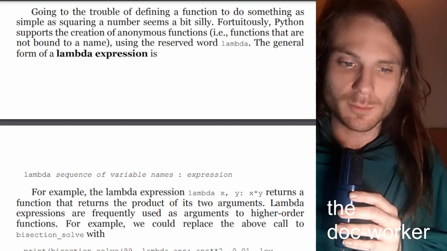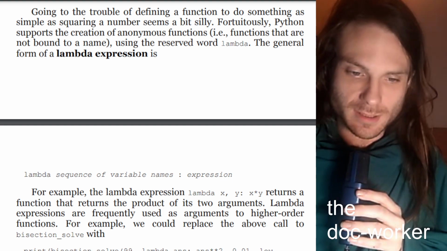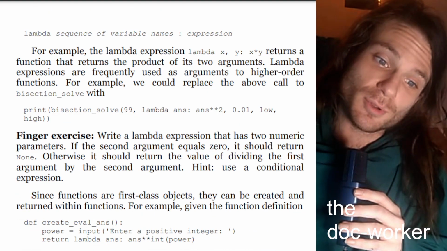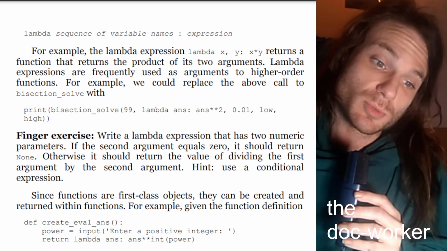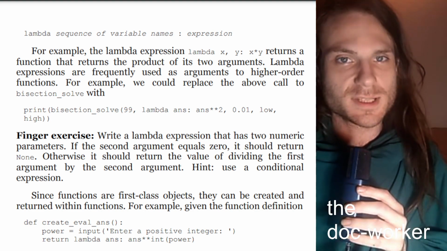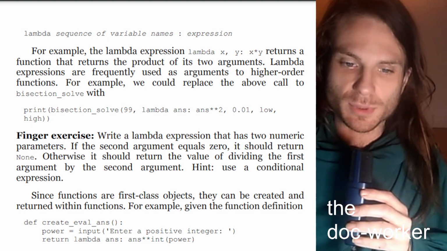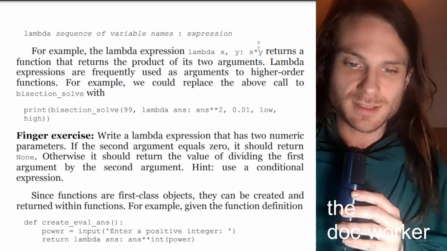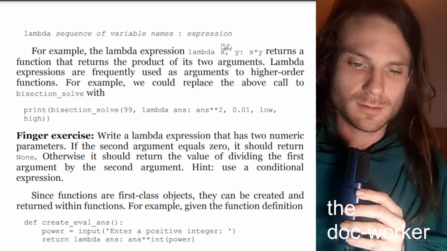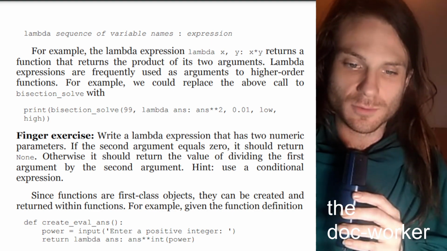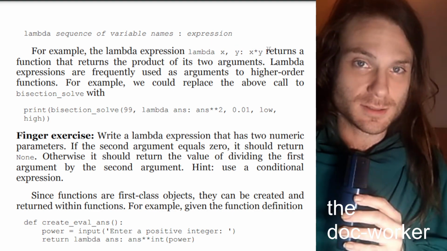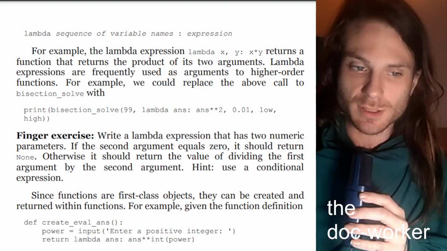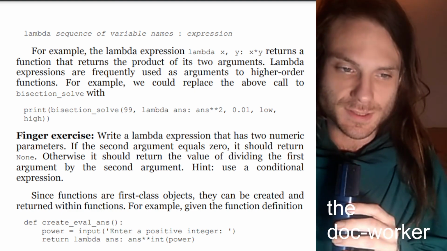The general form of a lambda expression is lambda sequence of variable names, expression. For example, the lambda expression lambda x, y: x * y returns a function that returns the product of its two arguments.